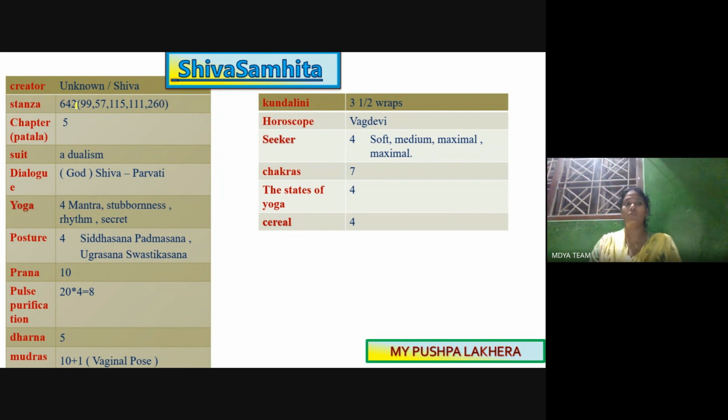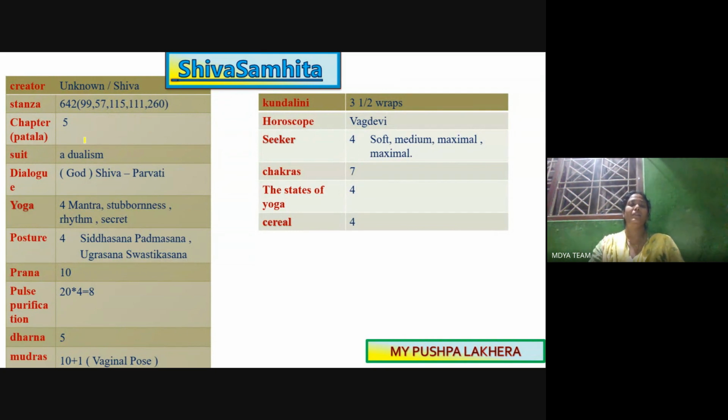This is important from the exam point of view. Sometimes questions come on how many chapters and slokas there are, and matching questions on which chapter has how many verses. So you need to remember 99, 57, 115, 111 and 260.